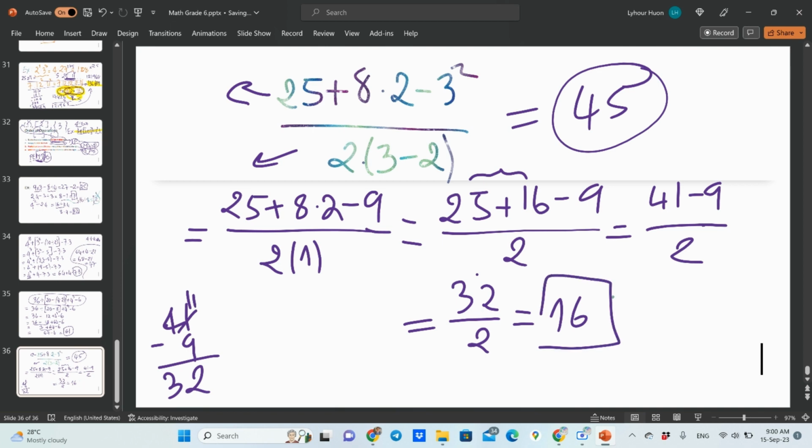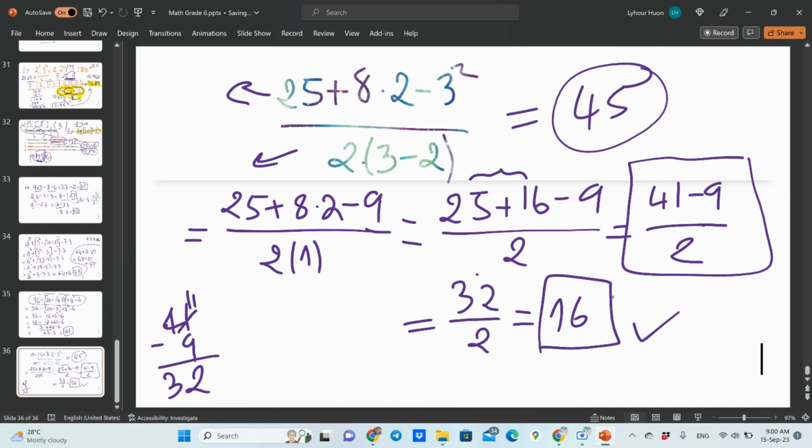What is your answer? Still wrong. It's okay. So what mistake did you make? On the first try, I did the addition first in the numerator instead of the multiplication.